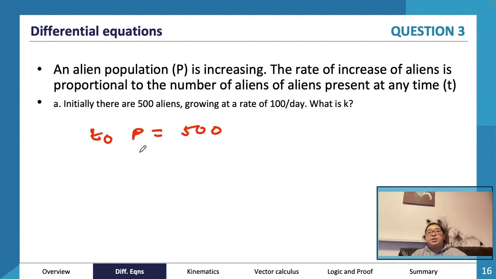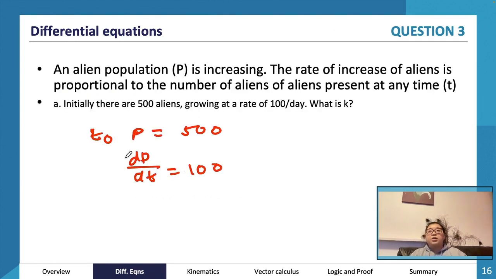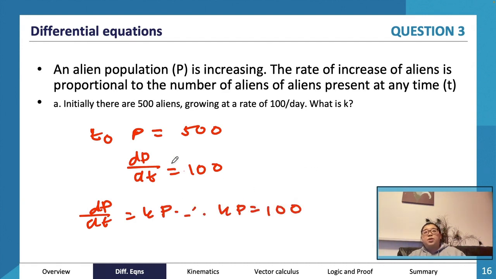So that means dp/dt equals 100. We can apply that into our function here, because we know it's proportional to the population. The rate of increase is proportional to the number of aliens, so dp/dt will equal kp. Therefore kp will equal 100, and p was initially 500, so when t was equal to 0, p was equal to 500.